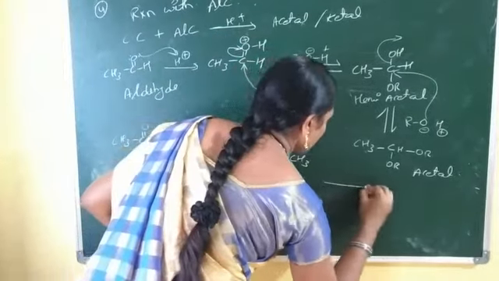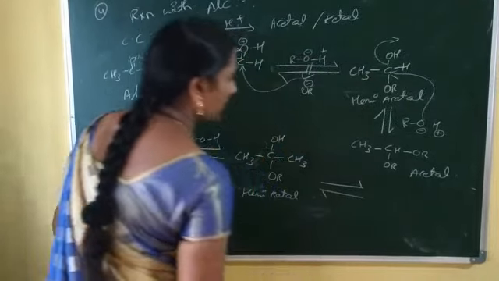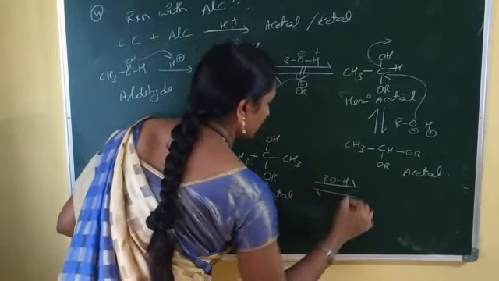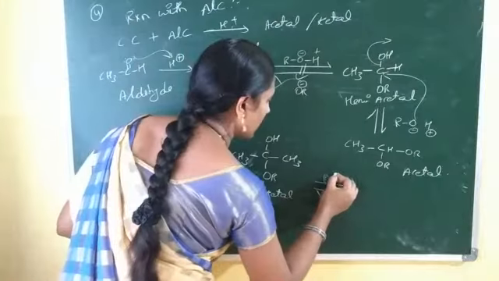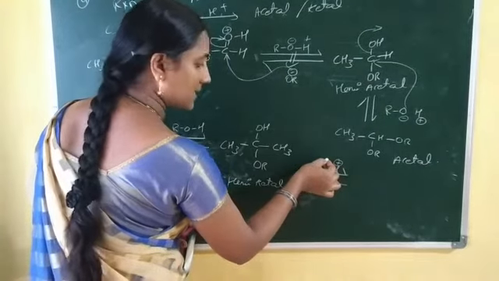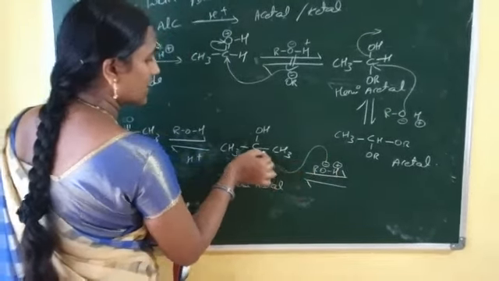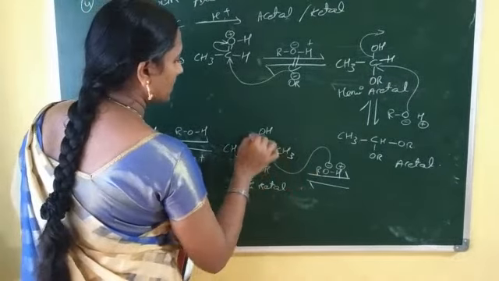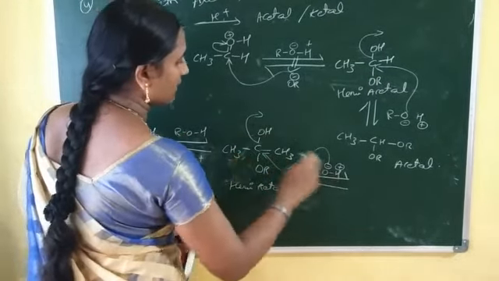Again this hemiketal is treated with another mole of alcohol. On ionization, alcohol forms OR minus and H plus. Again OR minus is acting as nucleophile. That nucleophile is directly adding to the carbon to form an O-C bond, by elimination of a water molecule from the OH and H plus.